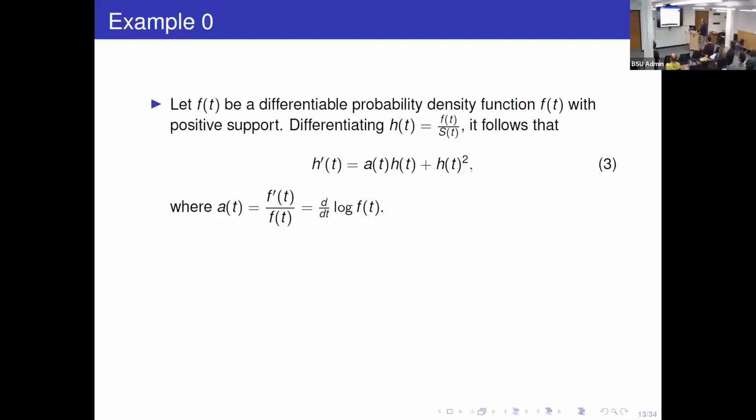I am going to start now with another, partially a literature review. If you look at the hazard function, which is, as you know, the density divided by the survival, and you calculate the derivative, you end up with a differential equation. So the hazard function satisfies this differential equation, and this function here, A, is the logarithmic derivative of the probability density function.